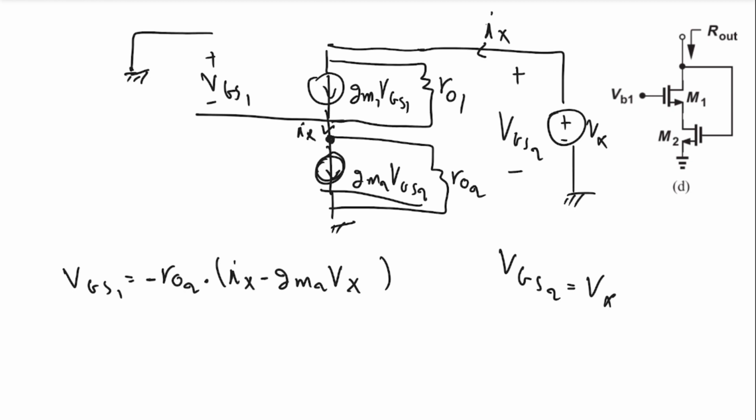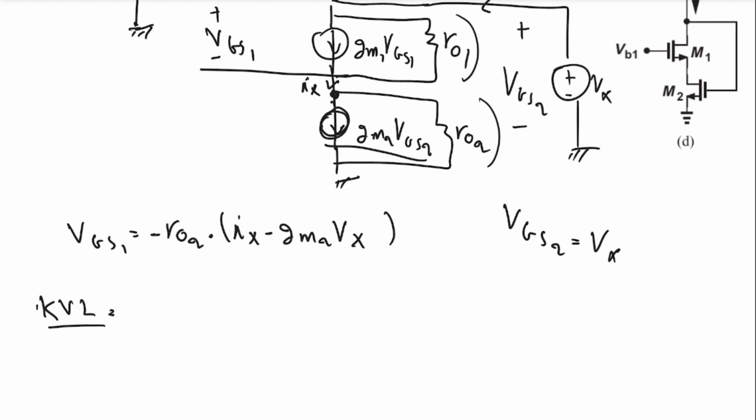Now we do the KVL: the voltage drop across ro1 plus the voltage drop across ro2.